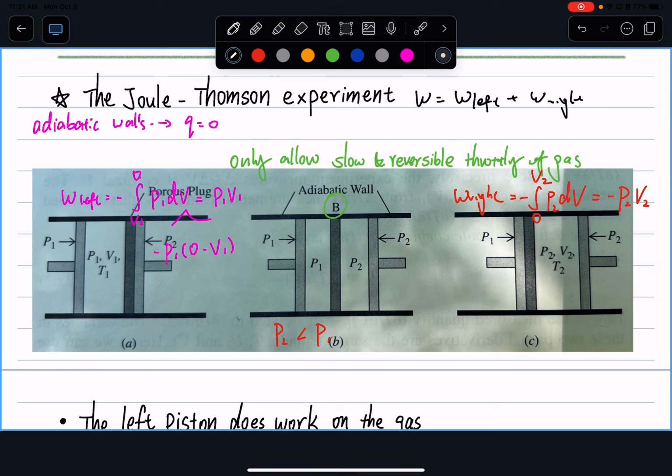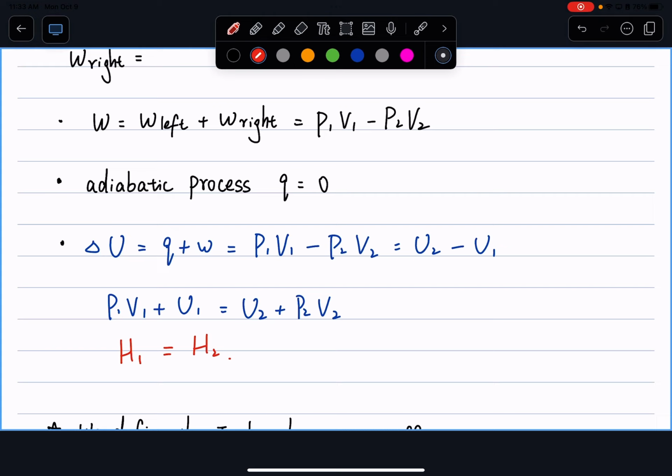And obviously, we have our definition for enthalpy. So we have H1 equals H2 for the Joule-Thomson throttling experiment. We get delta H equals 0 by simply looking at the conditions set up in this specific experiment.